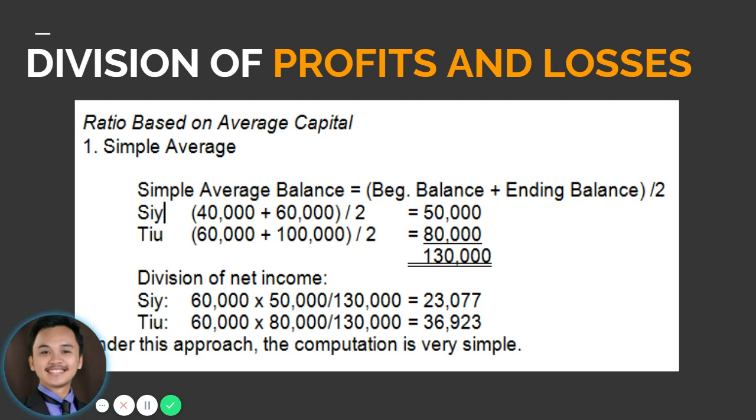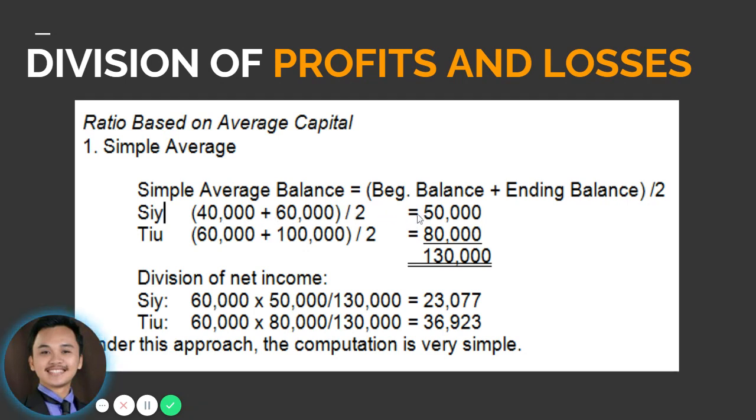In simple average, you just need to compute the average of their capital balances by adding the beginning balance and the ending balance of the partners' capital balances in the partnership and dividing it by 2. So we have 40,000 plus 60,000 divided by 2.